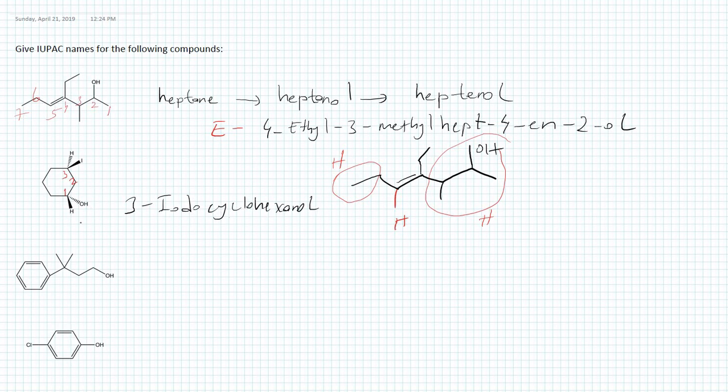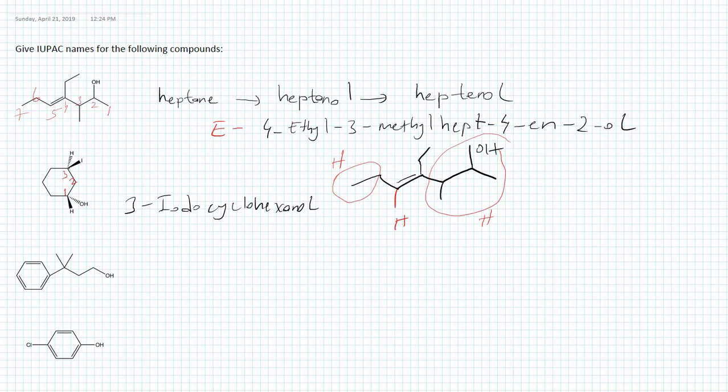We don't have to say 1-cyclohexanol because the hydroxy carbon should always be numbered as 1. But if you look here, both the OH and the iodine are on carbons which have 4 different groups.